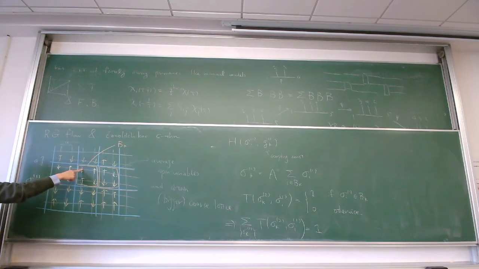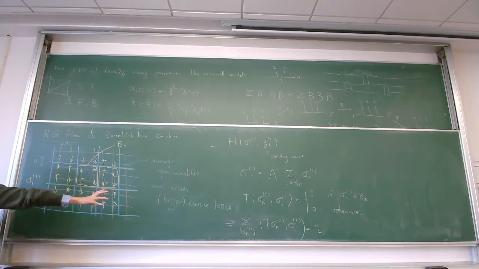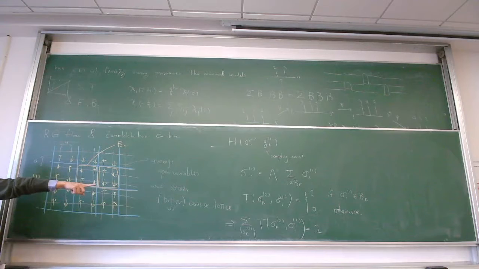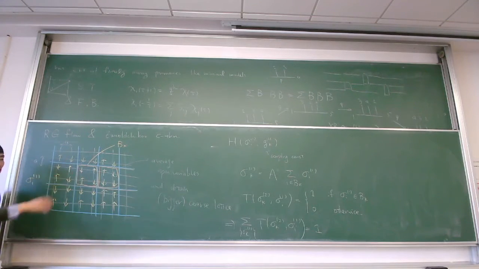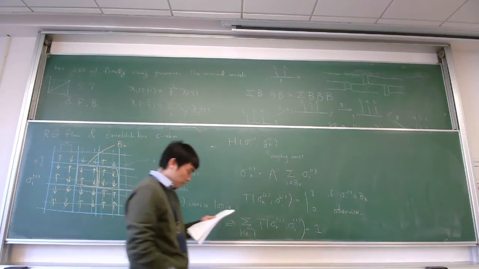Unless the blue box hits this region, you just get 0. That's what operation T does. So if you move these boxes over the entire plane, at some point you hit this one, so you get 1. Otherwise you get 0.